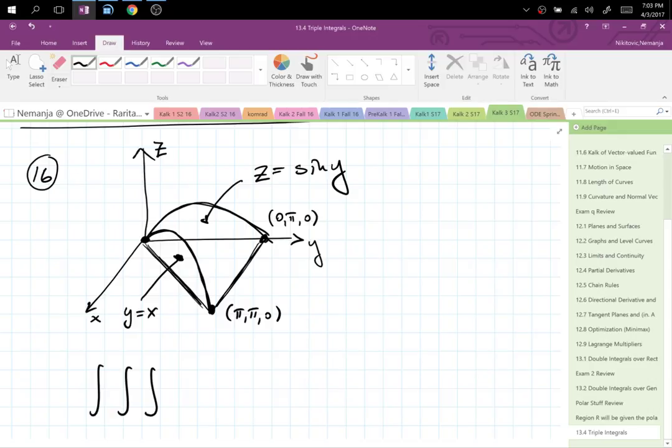What is y equals x? It's the side of the shape, so that will be this.